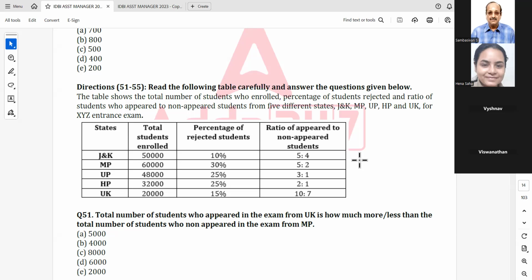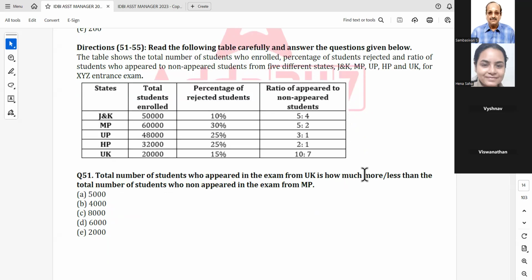Then the remaining 45,000 are there, and we have to divide them by the ratio. 5:4 means appeared is 5/9 of 45,000 and non-appeared is 4/9 of 45,000. Correct. That means it will come to 25,000 and 20,000. Okay, that much I can follow now. Now, please go for the next question.